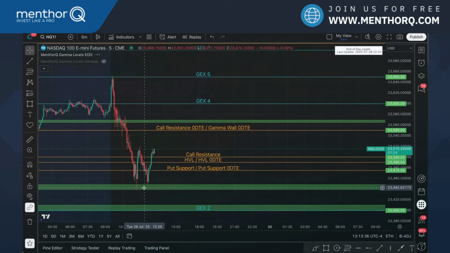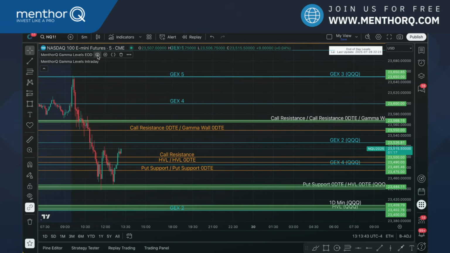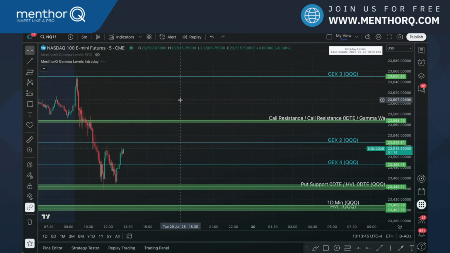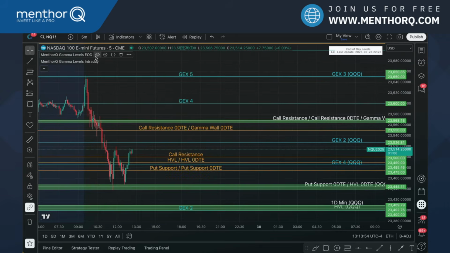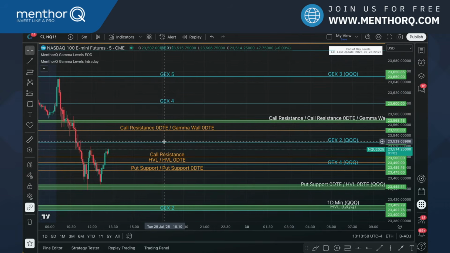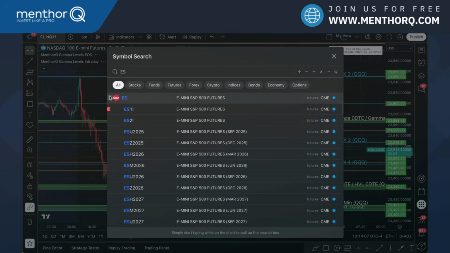This could be a reaction around here. We also have a lower barrier right there. If you want to add back the levels, you can always do that, and if you just want to have the intraday, you can use that as well. So again, a reaction coming from JAX3 on QQQ, all the way down to put support coming from QQQ, together with the end of day futures level. This could have been a very strong roadmap for the day. We can do the same for ES.